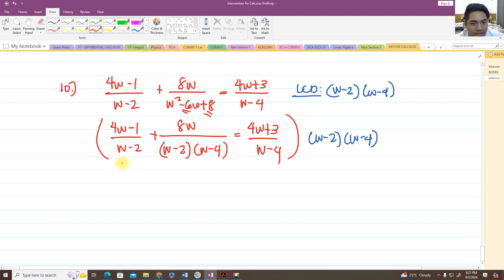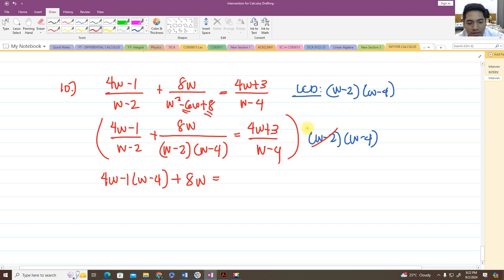Okay, so what happens here? On the first, you have 4w minus 1. The w minus 2 will cancel. So you are left with w minus 4 plus, of course, in the second one, we have w minus 2, w minus 4 canceled. So technically, it will be just 8w.